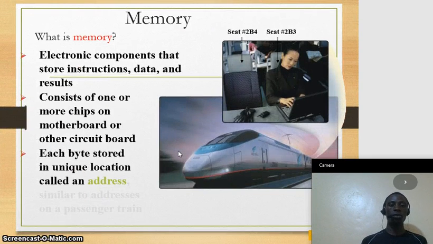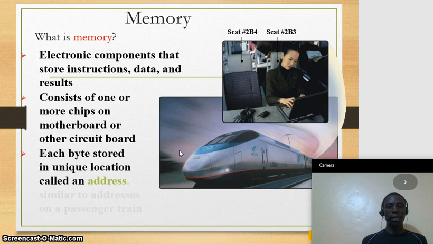So let's also look at the memory. We have another part that we looked at as the memory. So what is it really? What is the memory in the systems unit? It is an electronic component in the systems unit that stores instructions, data, and results.